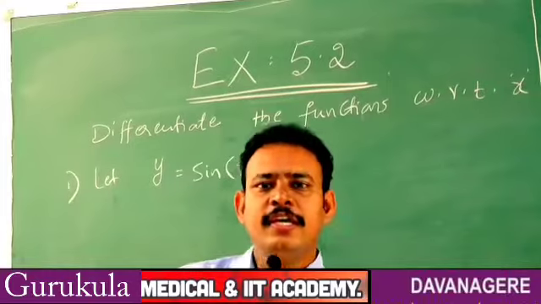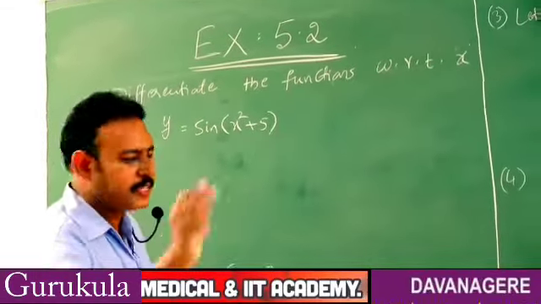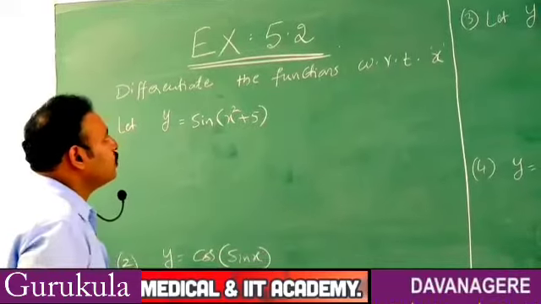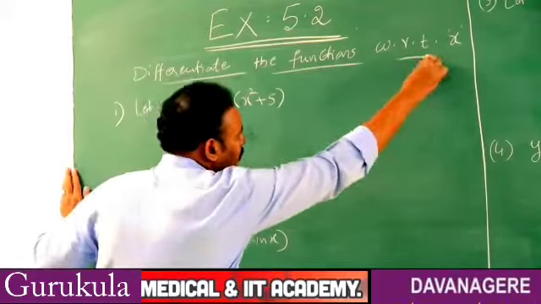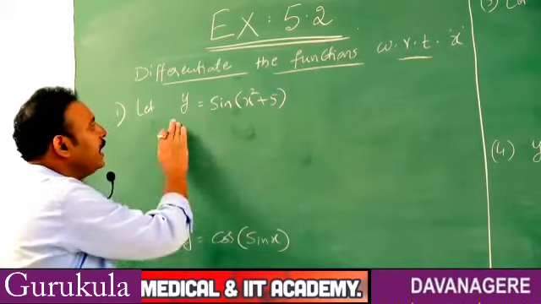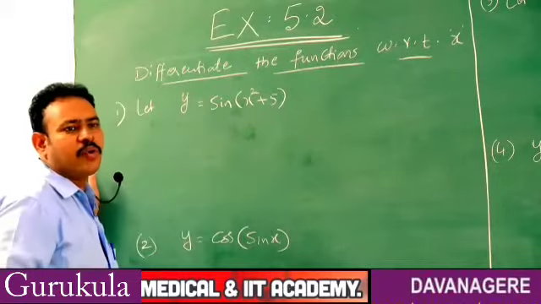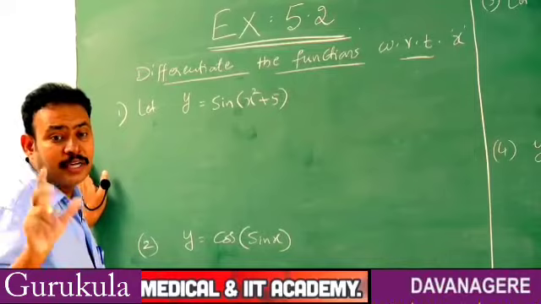Okay, students, you see the exercise 5.2, differentiation exercise 5.2. The first problem is: differentiate the following functions with respect to x. Let y is equal to sine of (x square plus 5). Chain rule, actually direct method I am using.